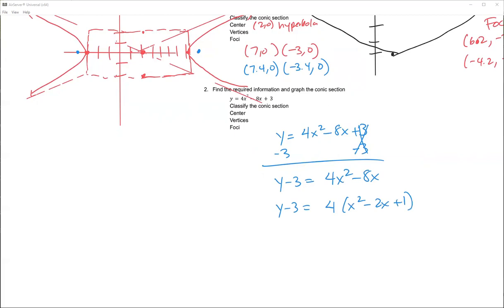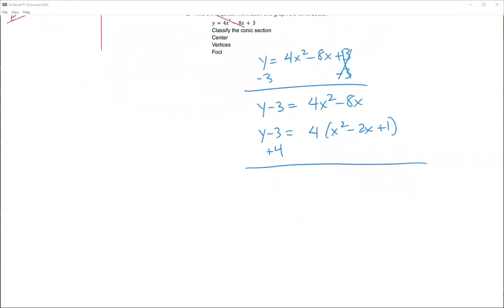Right? Why is it plus 1? Because with the 2, you're dividing it by 2, which is 1. 1 squared is 1. And then what do you do with the 1 and 4? You add that to the other side. So it becomes y plus 1 is equal to 4 times x minus 1 squared. We cool with that? You good? Yeah.